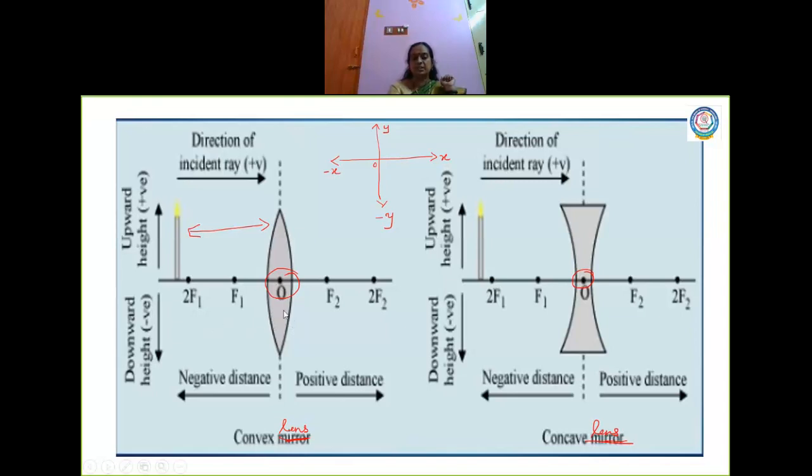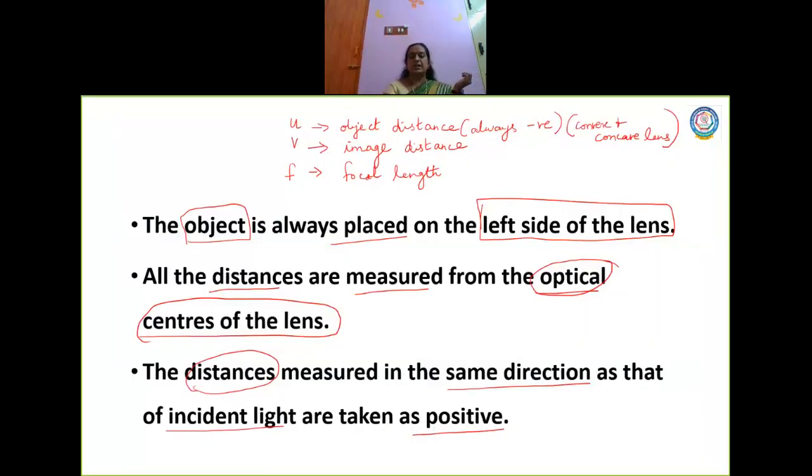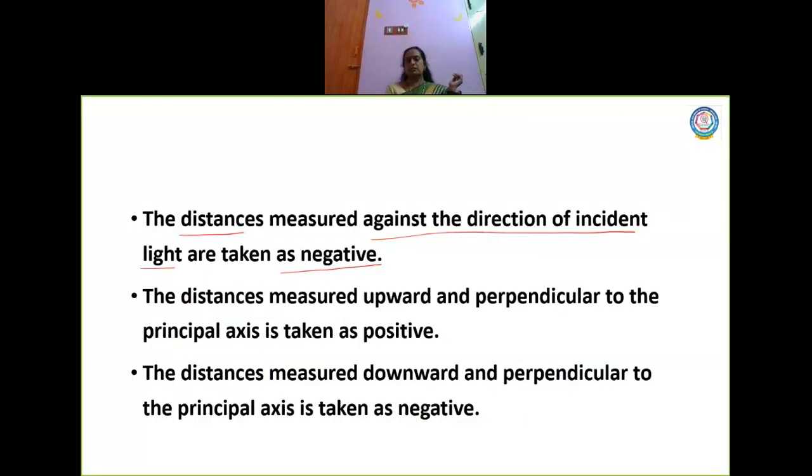Virtual images, convex lens, last condition: you have a virtual and erect image formed on the left side of the lens. That value is also measured as negative. So the distances measured against the direction of incident light are taken as negative. So we understood how to measure the values of U and V now.